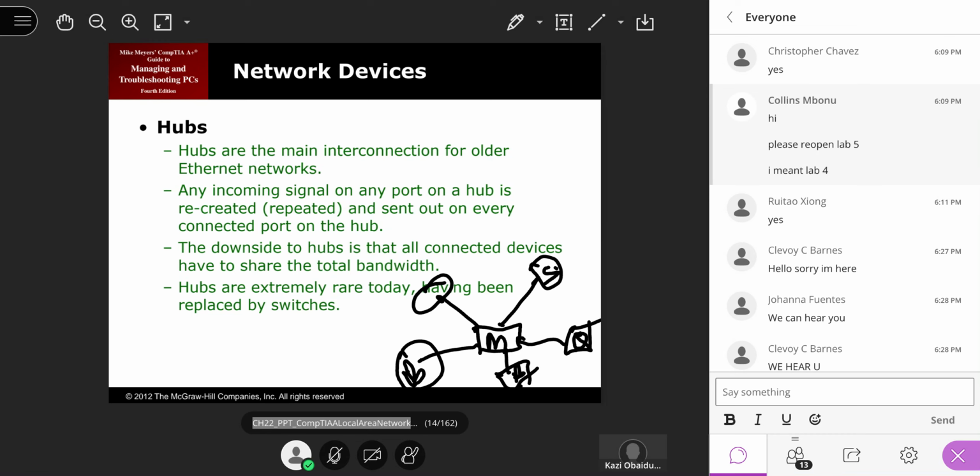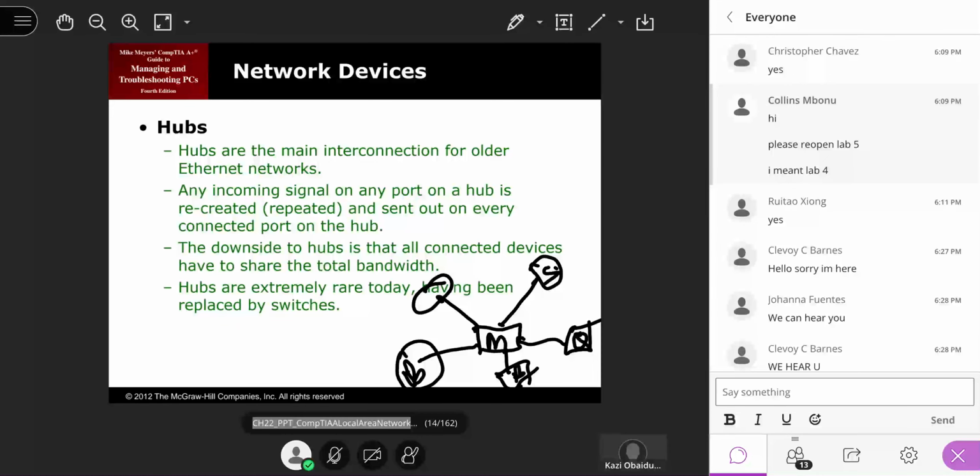Many years back we used this hub, but nowadays devices behave like a hub with other facilities included. Any incoming signal on any port on a hub is recreated, repeated, and sent out on every connected port on the hub.